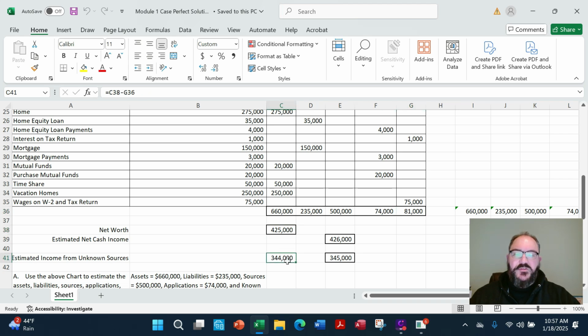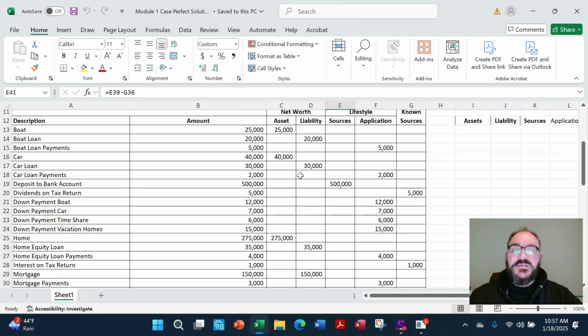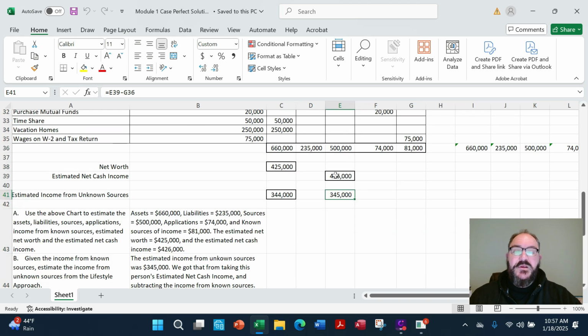So that's how they got the 344. So this is saying estimated income from unknown sources. And over here on the other method, this is on the net worth method, and this is on the lifestyle method. And now what they're doing here is taking the 426 minus the 81 to give you 345. So that's the spreadsheet.